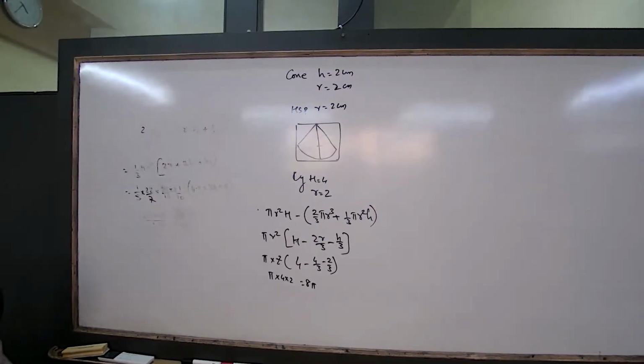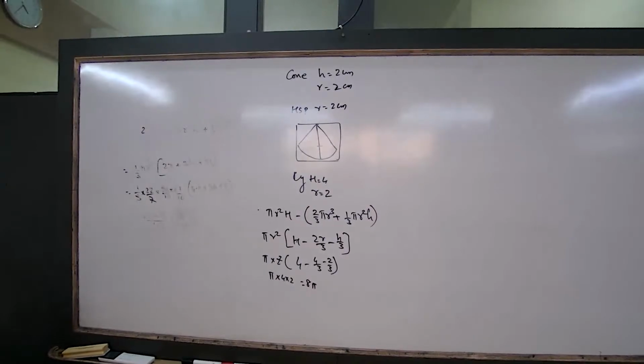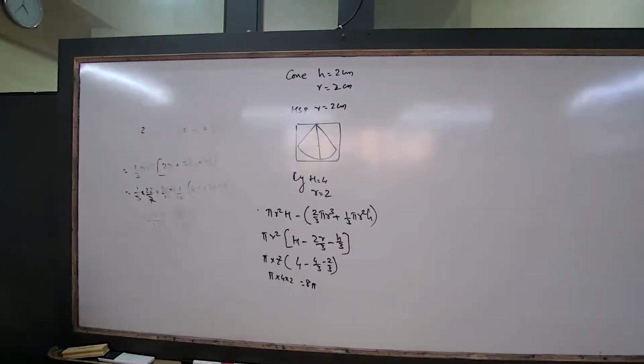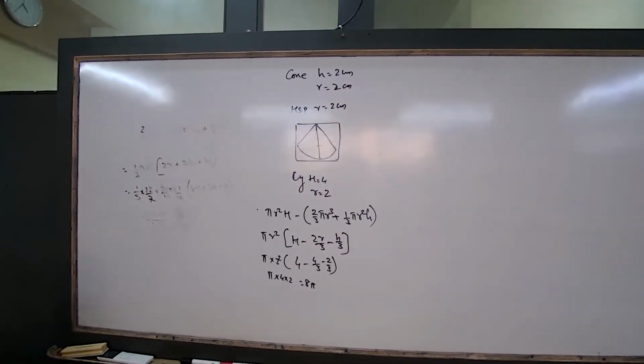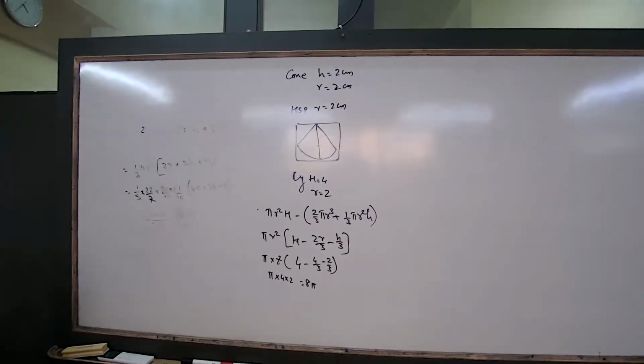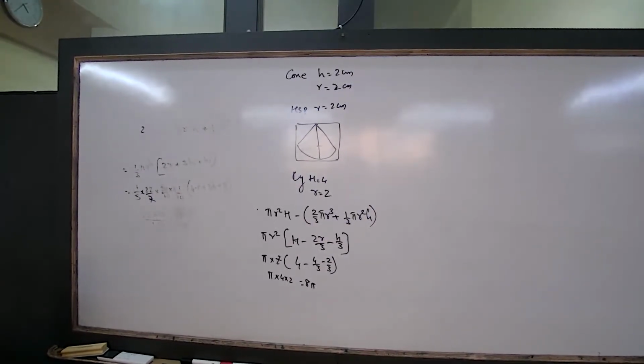When theta is equal to 60 degree, only find the area of the triangle. Area of triangle, theta is equal to 60.